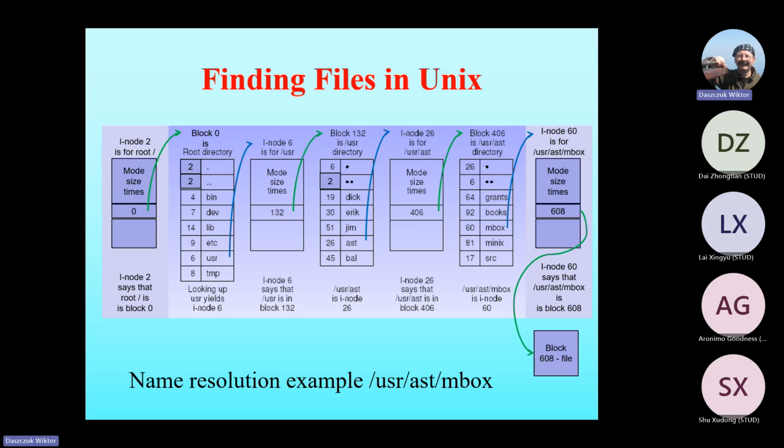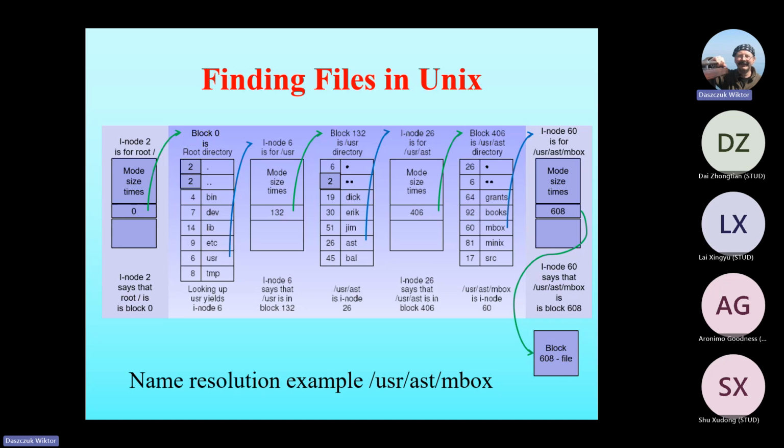And we read block 0, which contains the root directory, and we search for USR. Yes, there is USR. So we have those directories that we mentioned before. It is inode number and name. The first 2 directory entries are special because they define this directory.